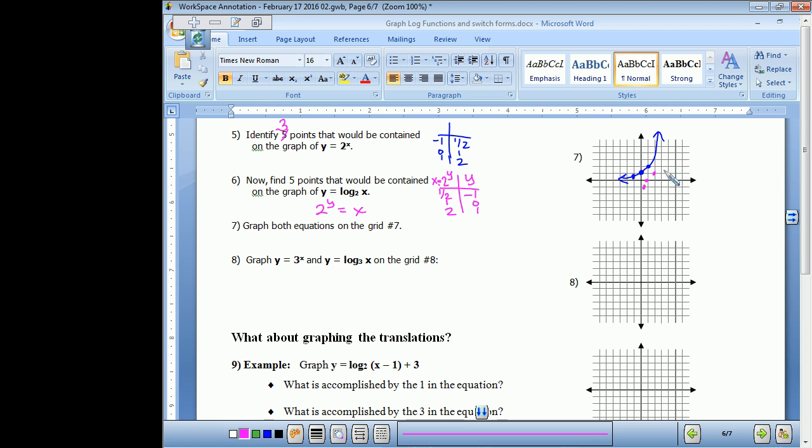So this one is going to have an asymptote also, but now my asymptote is the y-axis. Before it was the x-axis. So with exponential, we had a horizontal asymptote. With logarithmic, we have a vertical asymptote.